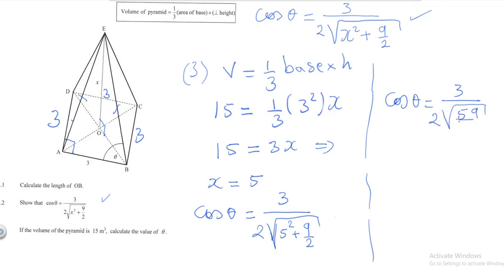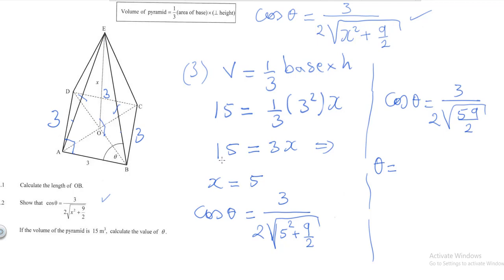So when you punch it in your calculator, you get 70. Let me try to shift your calculator. Let's do it together. Shift your calculator and go to cos. Then remember, you have a 3 all divided by 2 square root of 59 divided by 2.